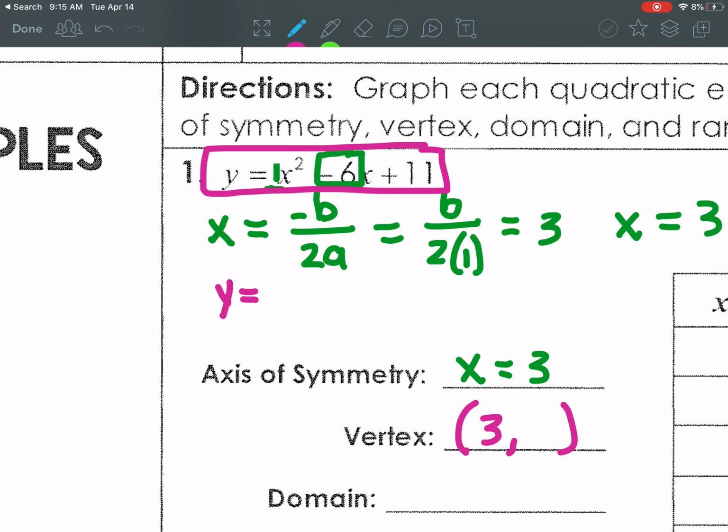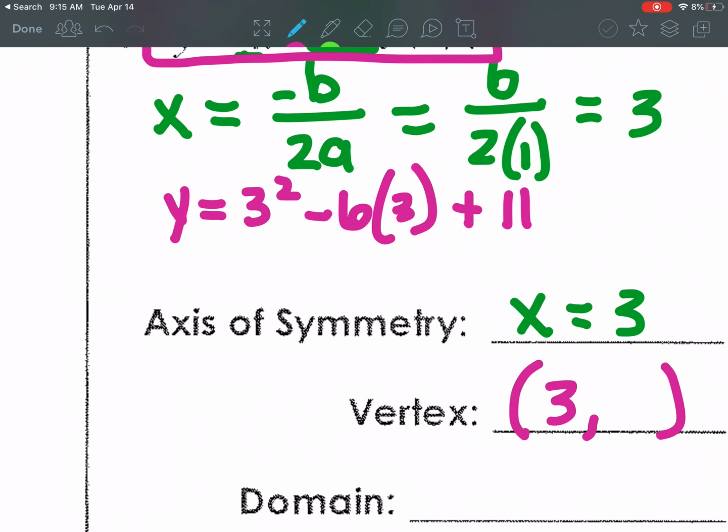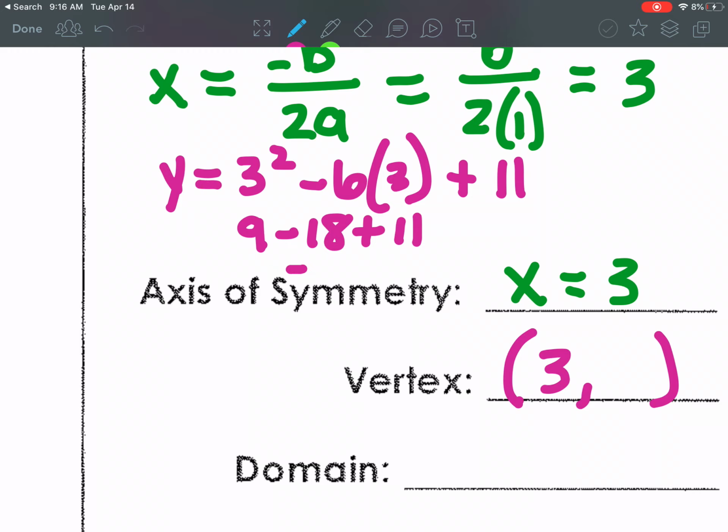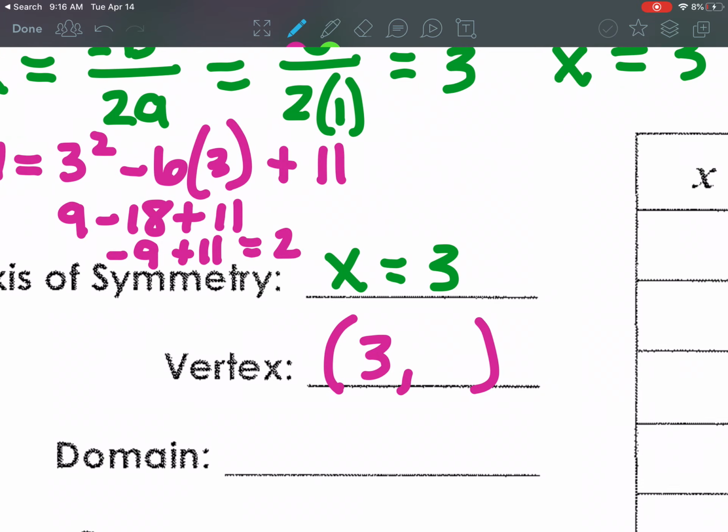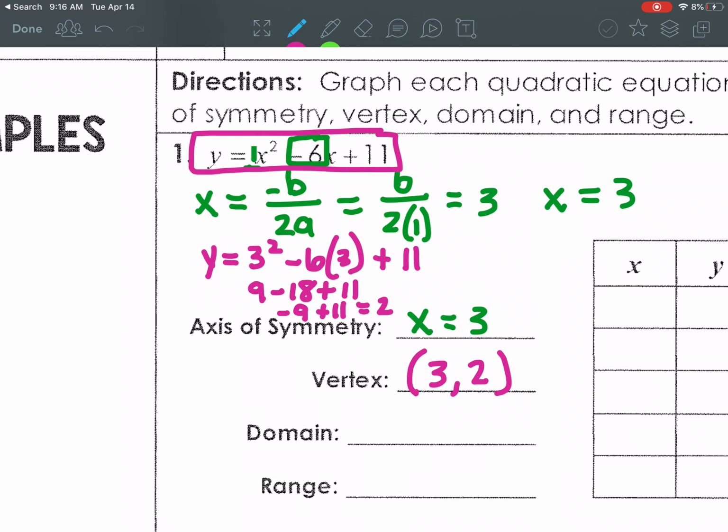So y equals 3 squared minus 6 times 3 plus 11. 3 squared is 9, 9 minus 6 times 3, 18, plus 11. So we've got negative 9 plus 11, so y is 2. So our vertex is 3, 2.